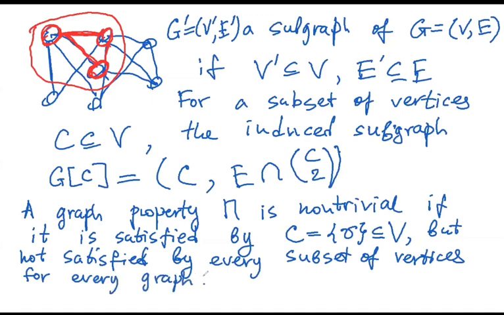So essentially, it's what the name says, it's non-trivial, right? If it was satisfied by every graph and every subset of vertices, then the property would be trivial and not interesting from an optimization perspective.